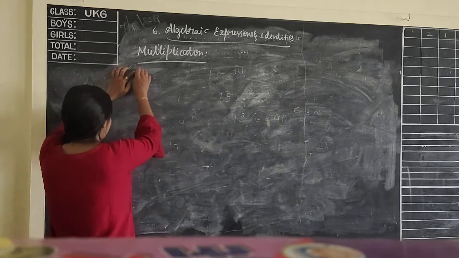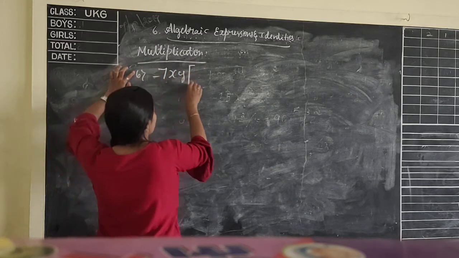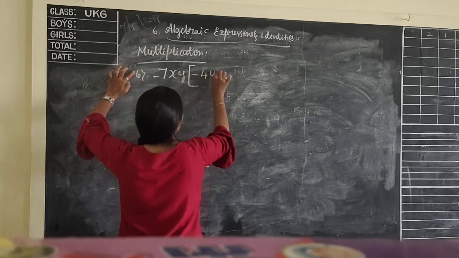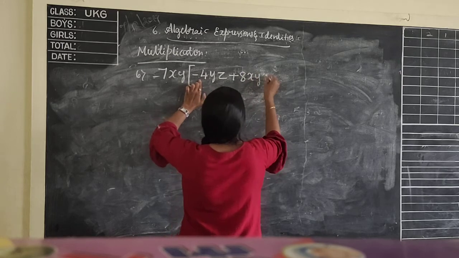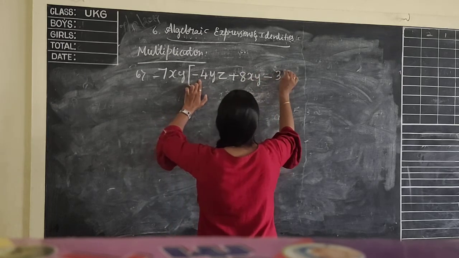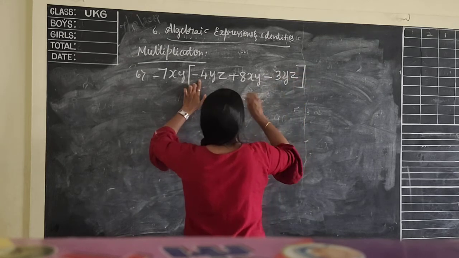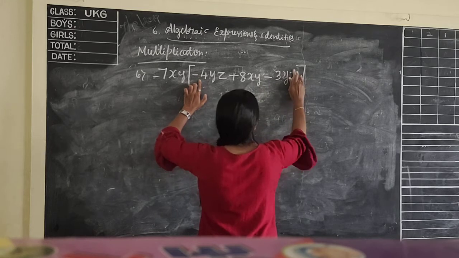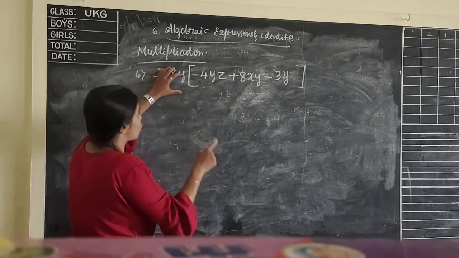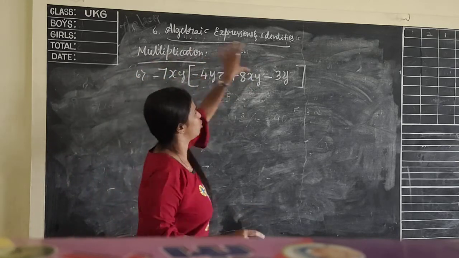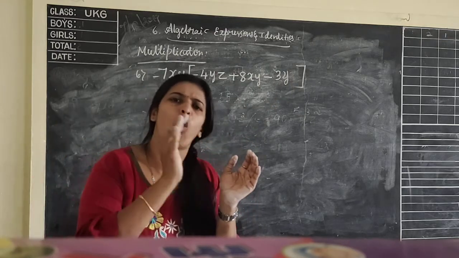Now 6, no. Side. From this to this to this to this. Brackets outside some number is there means from that number you have to multiply all the numbers inside the bracket.